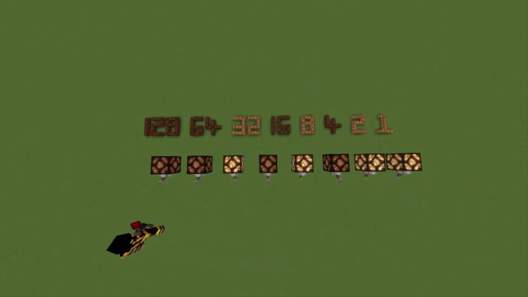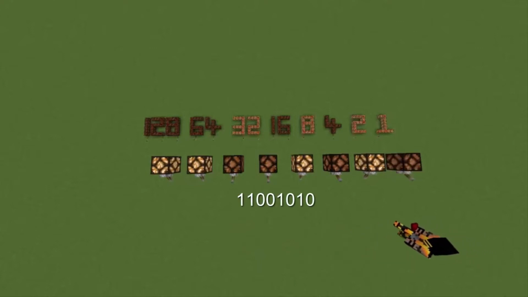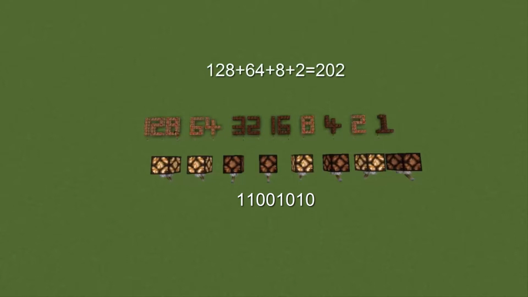This time the number would be 1, 1, 0, 0, 1, 0, 1, 0. So, in decimal, this number would be 2 plus 8 plus 64 plus 128, totaling 202.